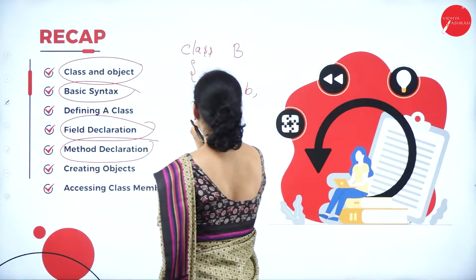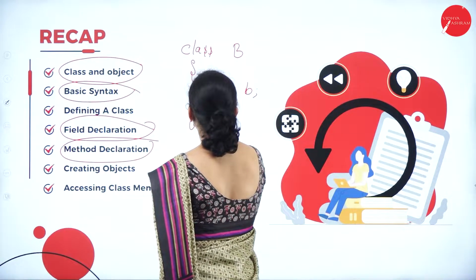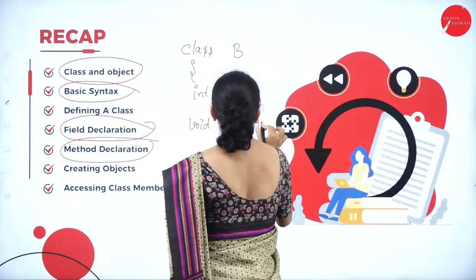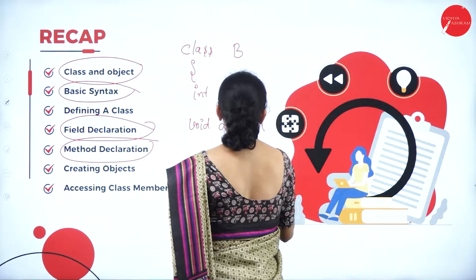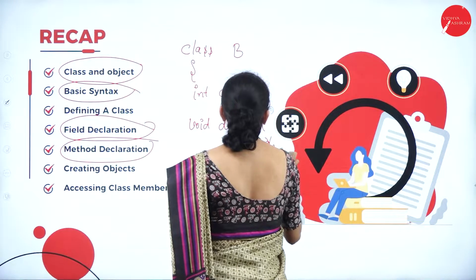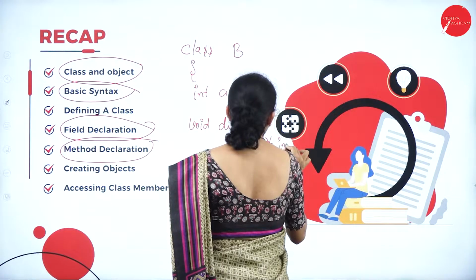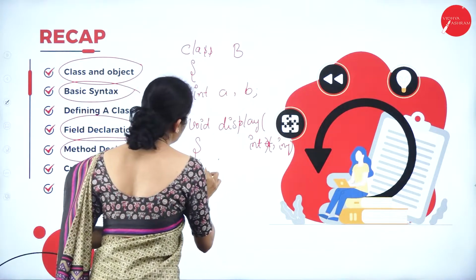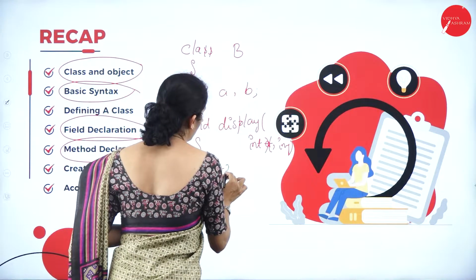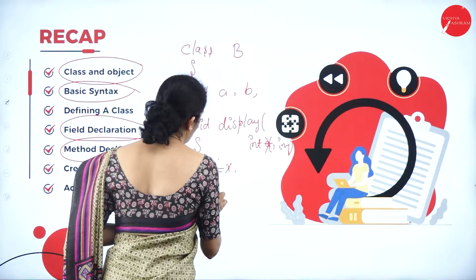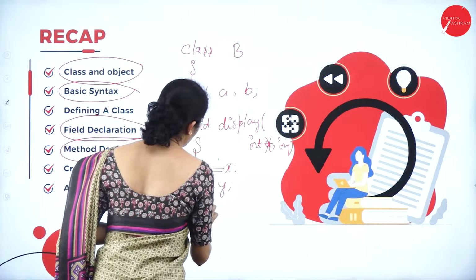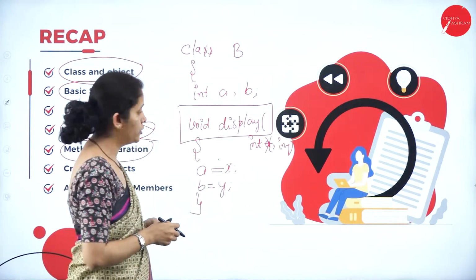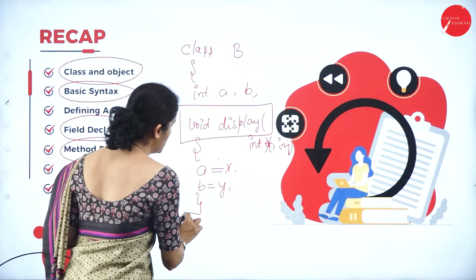Then I have the method called display. This display function accepts two values, say int x and int y. Now what I will do is assign the value a equal to x, b equal to y. This is the example for method declaration. Then I close the class.